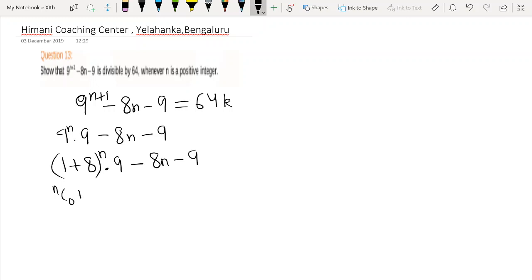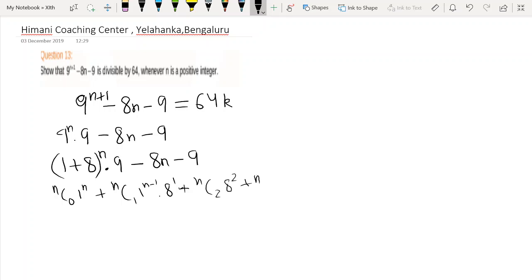nC0 1 raised to power n plus nC1 1 raised to power n minus 1 into 8 raised to power 1, and we know that 1 raised to power anything will always be 1. So from the next expression I will not write about 1, but let us see what happens to 8. So it would be plus nC2 8 raised to power 2.